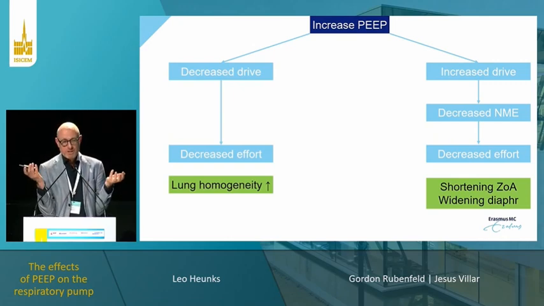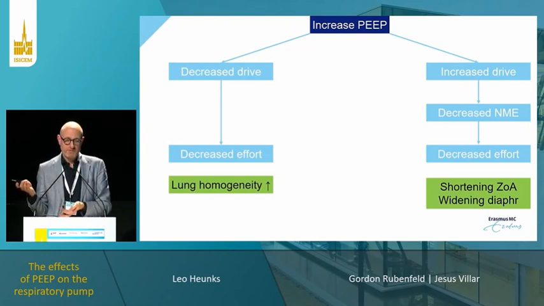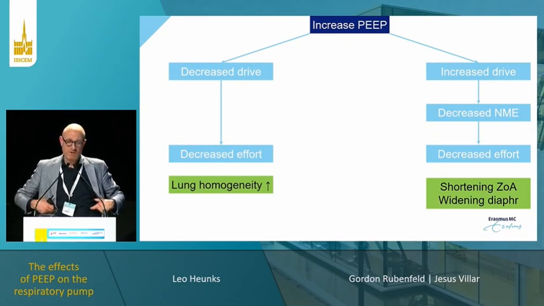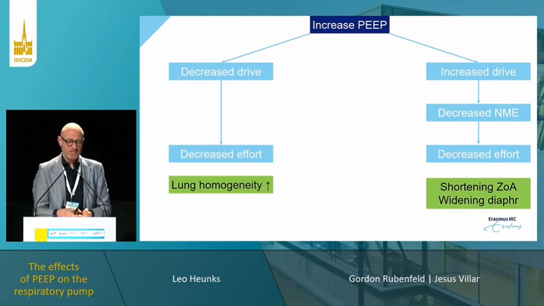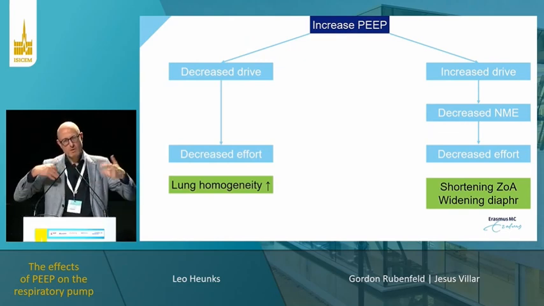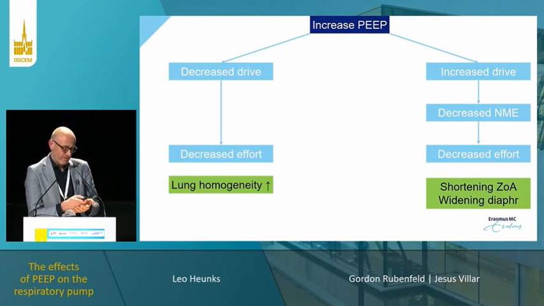Therefore, there must be a decrease in neuromuscular efficiency, resulting in decreased effort. And these are the patients where there's probably a large effect on the zone of apposition. Remember the widening cylinder concept. I'm not sure if this is the explanation, but when I was working on this presentation, I think this is a reasonable explanation for the different effects.